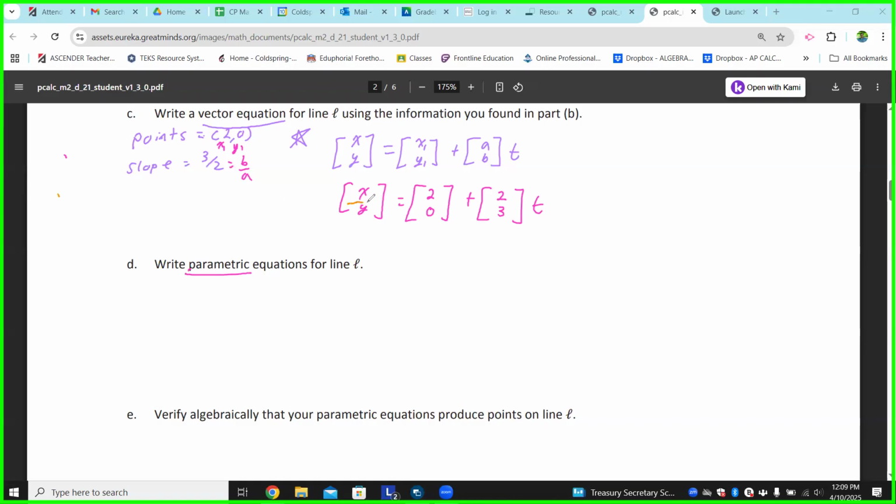And if you can't see, this is a parametric equation, meaning x equals 2 plus 2t. And the other one would just be y equals 0 plus 3t. Do I really need that 0 though? No, so I'm just going to simplify it real quick. So I'm just going to rewrite it.